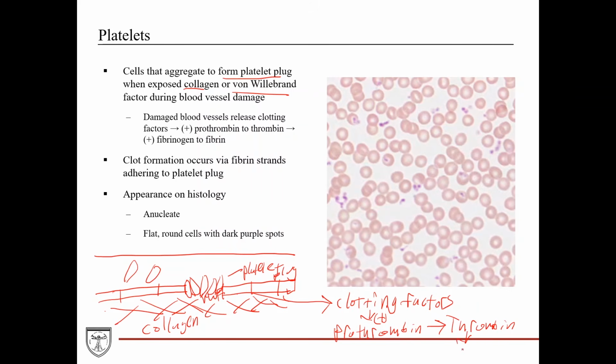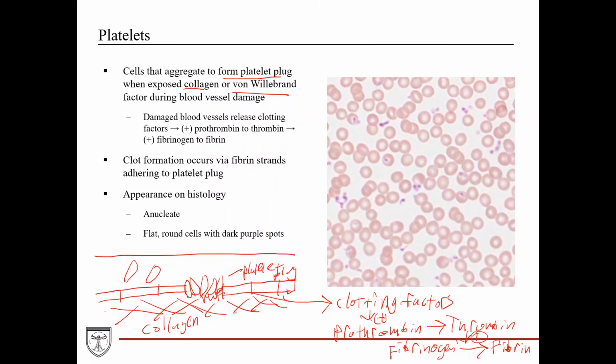And then thrombin will stimulate fibrinogen to become fibrin. So again, releases clotting factors. The clotting factors stimulate prothrombin to become thrombin, and then thrombin stimulates fibrinogen to become fibrin.